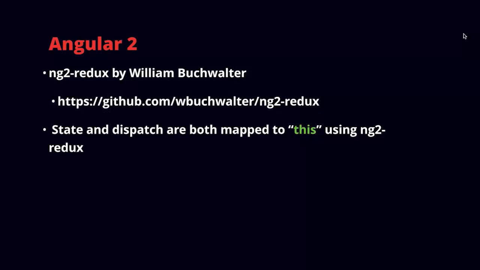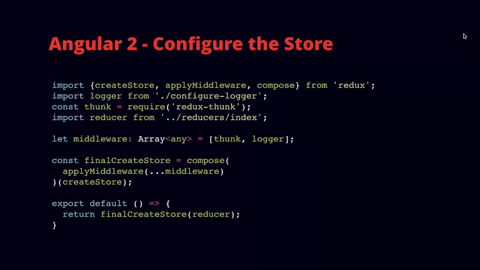One of the first things that we have to do, and similar work has to be done in Redux also, is creating the store that will be used throughout the rest of your application. This is where you register the reducers that you've created for handling the various slices of state in your application.